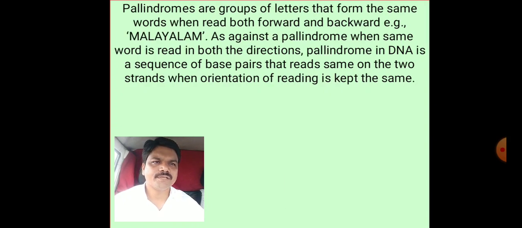Palindromes are groups of letters that form the same word when read both forward and backward. Example: Malayalam. A palindrome is when the same word is read in both directions. A palindrome in DNA is a sequence of base pairs that reads the same on the two strands when the orientation of reading is kept the same.